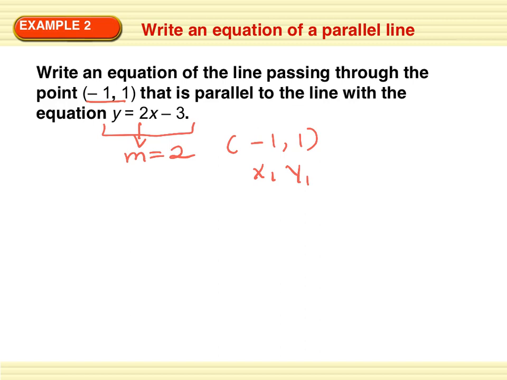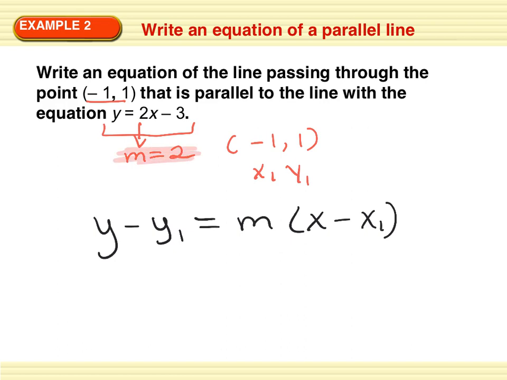I'm now going to take these three pieces of information and plug them into the point slope form: y minus y1 equals m times x minus x1. So I'm going to replace the slope and put that number right here.